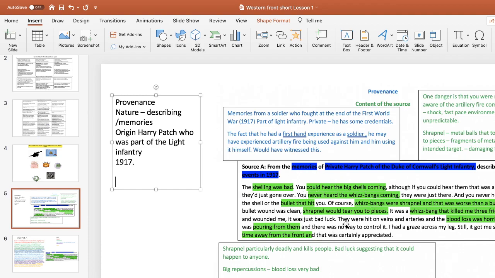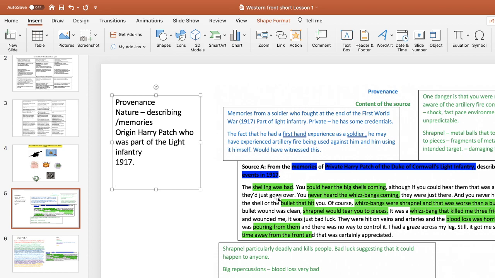What can you learn about the dangers of artillery fire based on this source here? So here it says, the shelling was bad. You could hear the big shells coming, although if you could hear them, that was all right. They'd just gone over. You never heard the whiz bangs coming, they were just there. And you never heard the shell or the bullet that hit you.